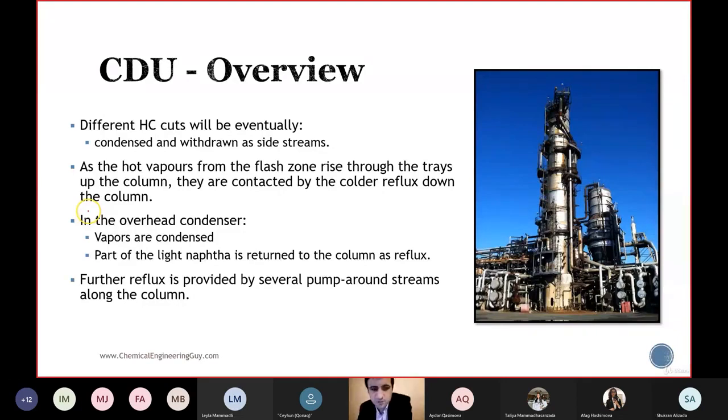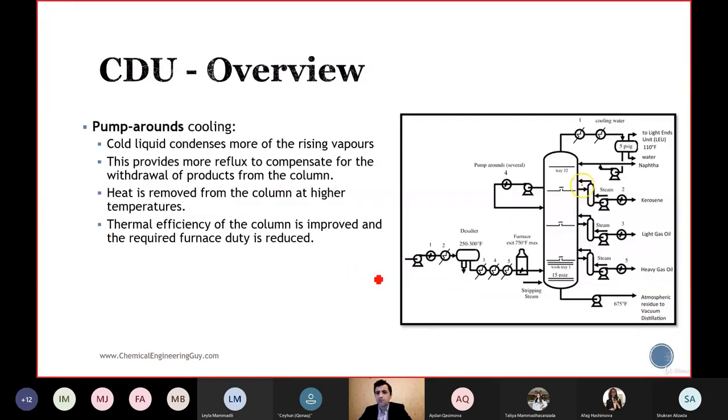We have side strippers and we have pump arounds. Why do we need pump arounds? You can see we have 1, 2, 3, 4, 5. Pump arounds help us to control the temperature. We can control the temperature here, and here, here, here, and here.